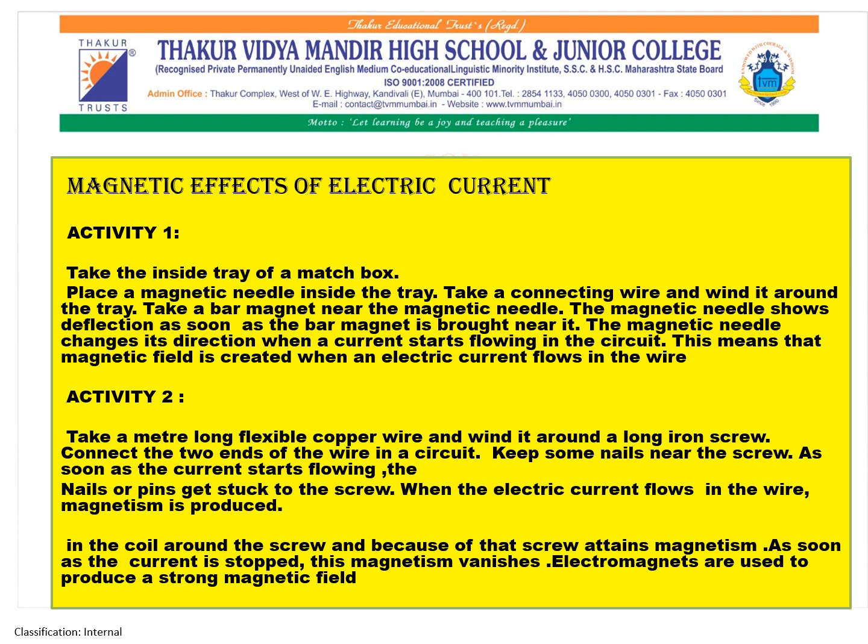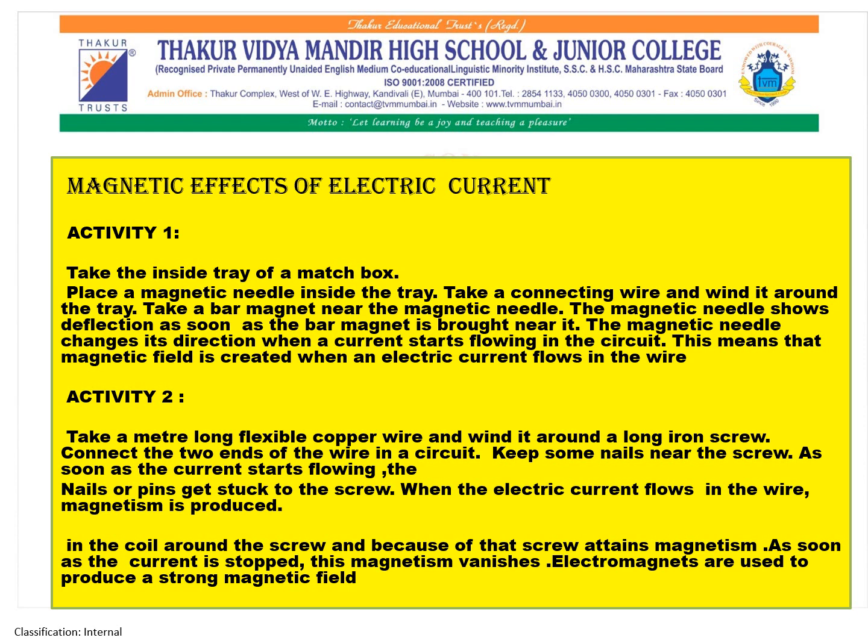In the second activity, we take a meter-long flexible copper wire and wind it around a long iron screw. Connect the two ends of the wire in a circuit. Keep some nails near the screw. As soon as the current starts flowing, the nails or the pins get stuck to the screw.